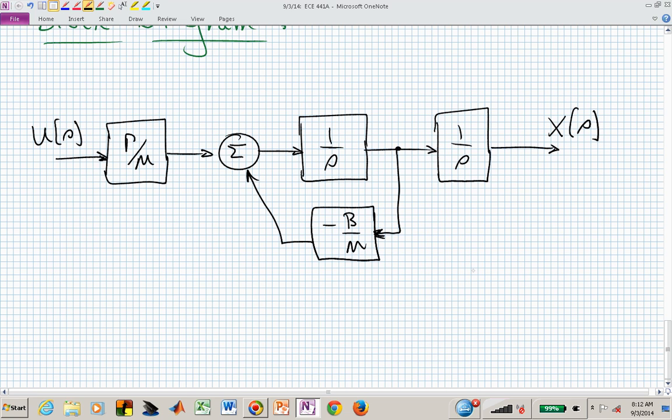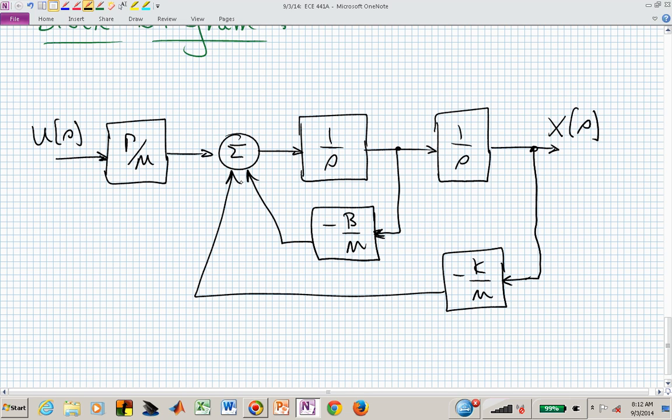We had a minus k over m, and now I've absorbed all of the minus signs into my coefficients, which allows me to simply assume that every signal going into that summing junction has a positive sign. And that should be consistent with what we have found in previous lectures, that block diagram.